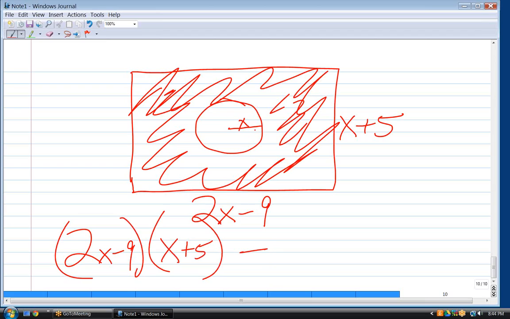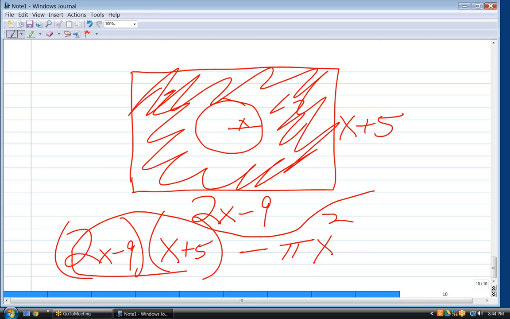What's the area of a circle with radius x? Is that pi times x? So pi r squared, so it's pi x squared. Okay, so there is your answer. Now, you'd have to multiply these two and then combine it with this, but that would be your answer.